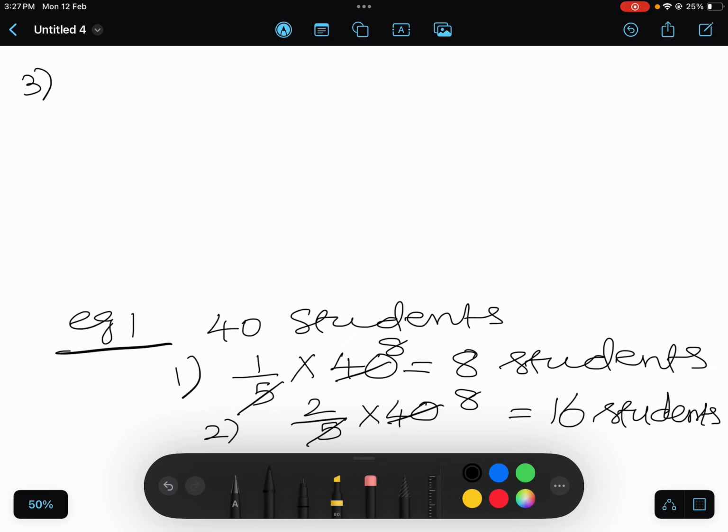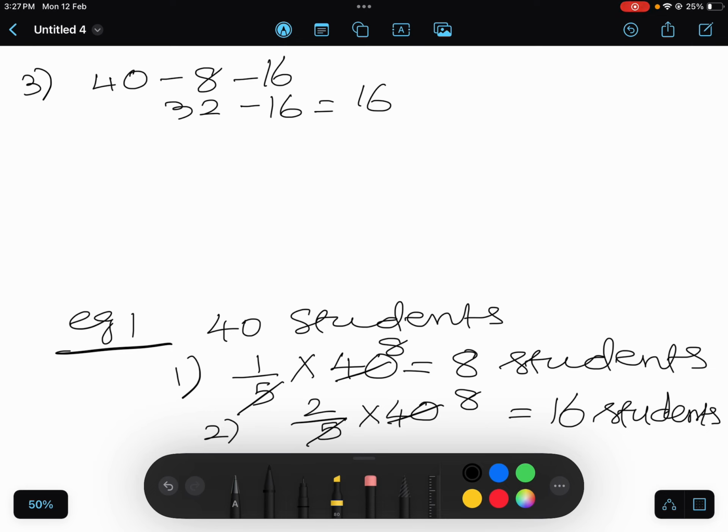Now first of all, let us find out how many students like to study science. So the total number is 40. I'm subtracting 8 who like to study English, and I will subtract 16 who like to study maths. So first do 40 minus 8. It is 32 minus 16. So it is 16. So 16 students like to study science.